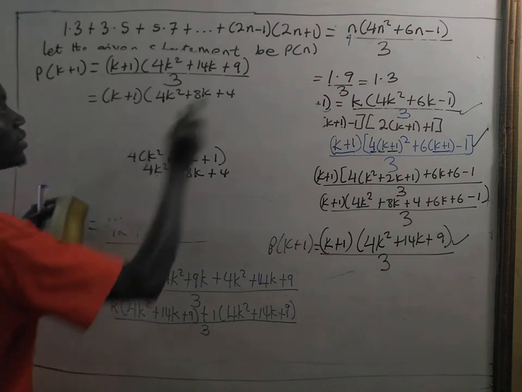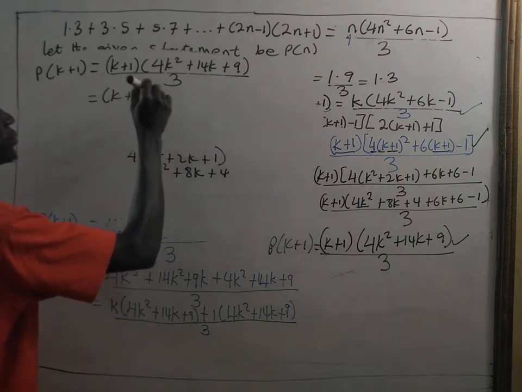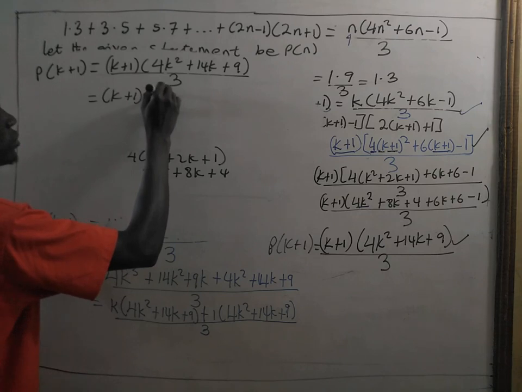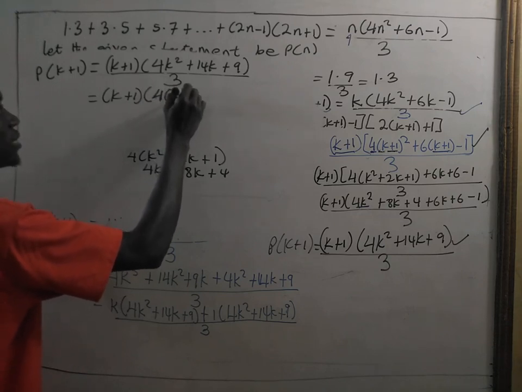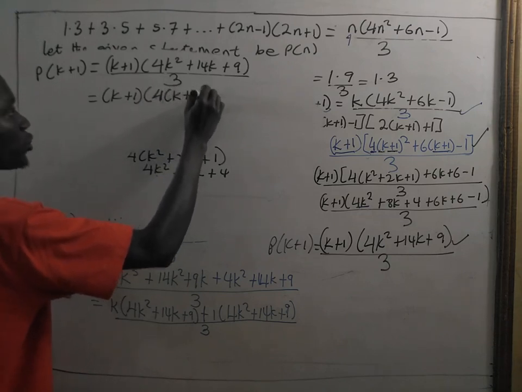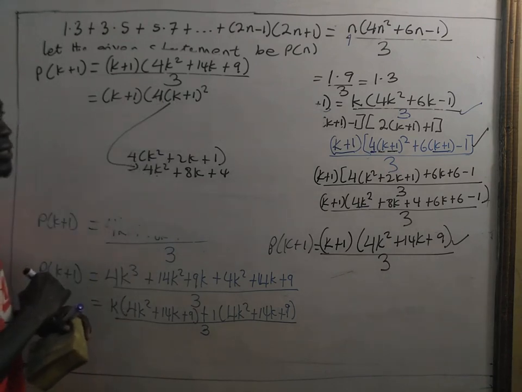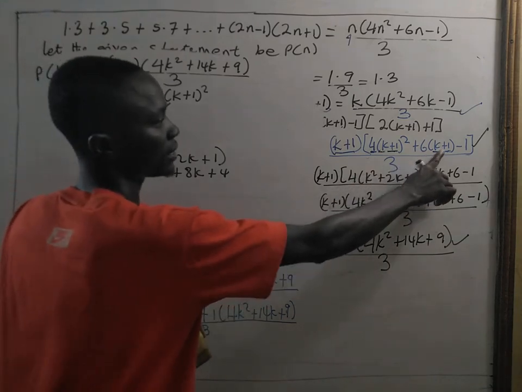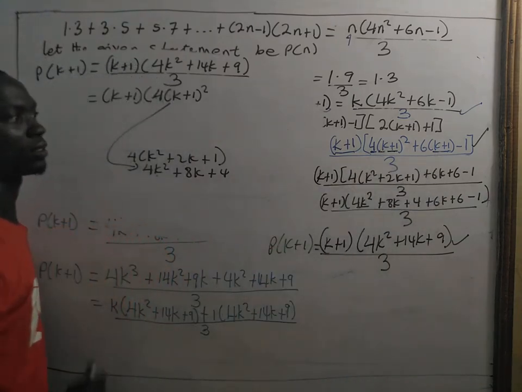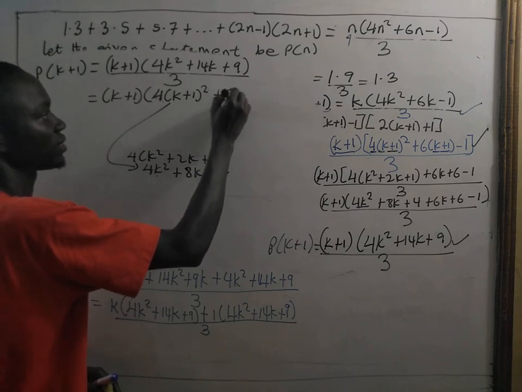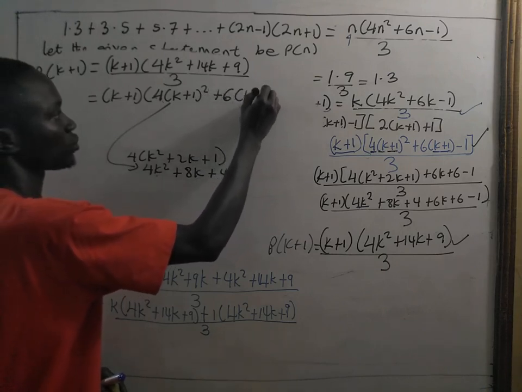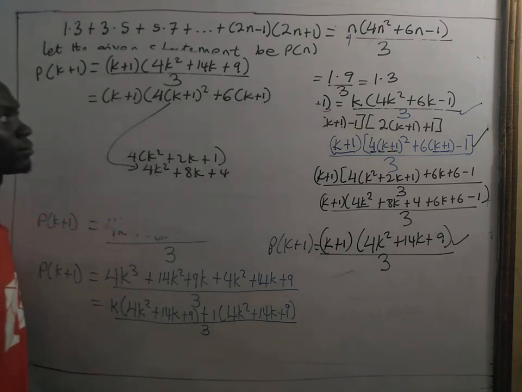We have it here. So we have 4 times k plus 1 all squared, which is equal to what we have here. Now, we need 6 times k plus 1. So let me add 6 times k plus 1. If I add 6 times k plus 1, what happens?